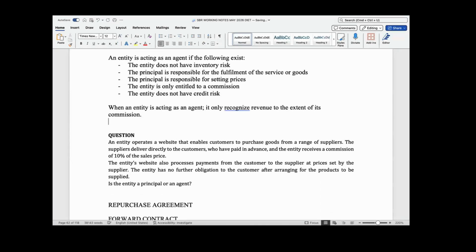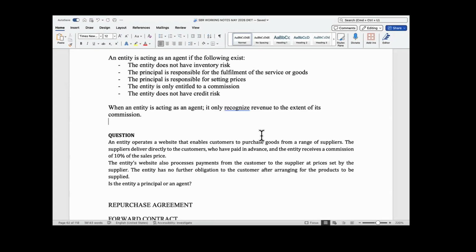Now, let's look at this. It says, an entity operates a website that enables customers to purchase goods from a range of suppliers. The suppliers deliver directly to the customer, who have paid in advance, and the entity receives a commission of 10% of the sales price.